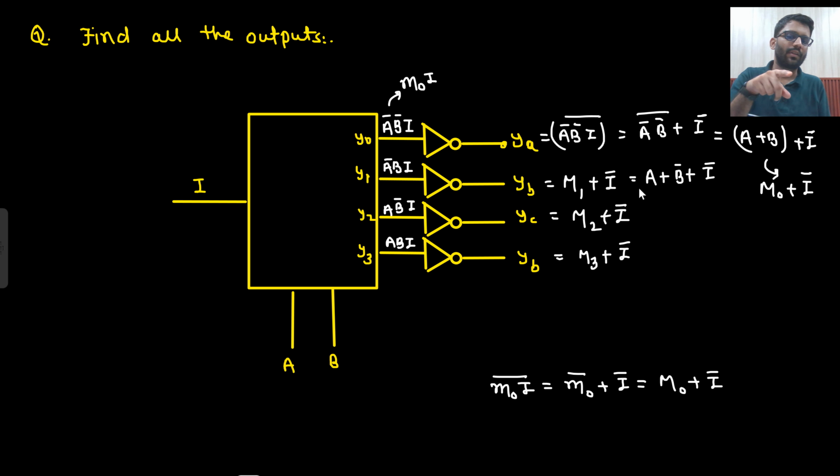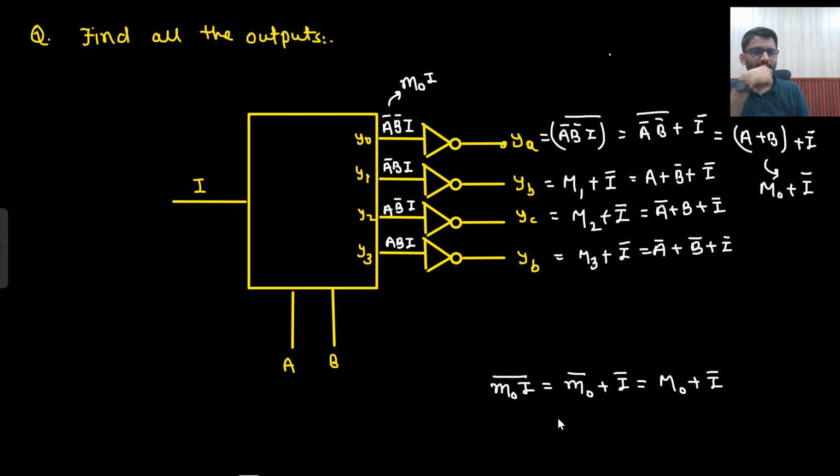Say yes or no? M1 means 0, 1. So A plus B bar plus I bar. Right? What about this? A bar plus B plus I bar. A bar plus B bar plus I bar. So this would be your output.